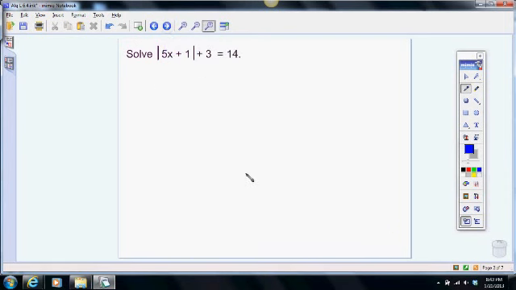Let's look at one more example. So solve the absolute value of 5x plus 1, plus 3, equals 14. Now, in this case, ladies and gentlemen, don't try to do anything with a positive answer and a negative answer until the only thing you have on the left or the right side is the absolute value. Here's what I mean. Get rid of this 3.